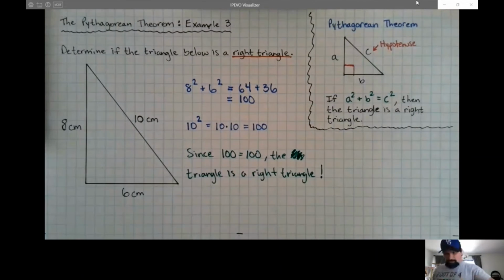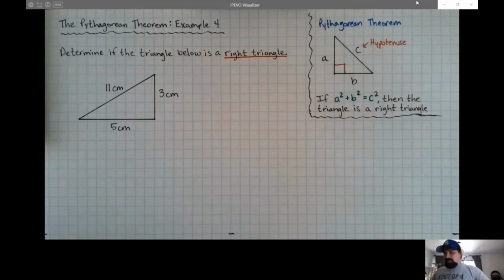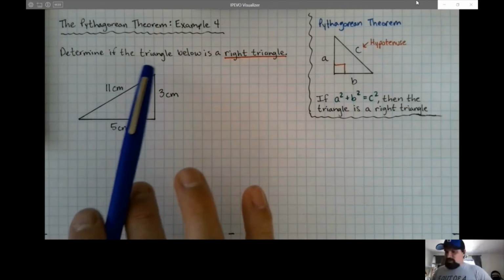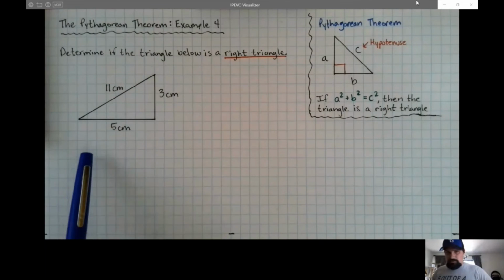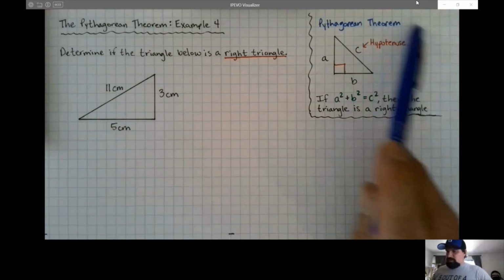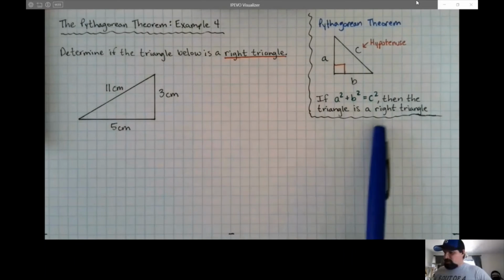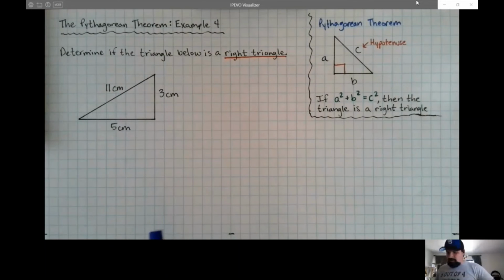And we're done. On our last example, example 4, we're once again going to determine if the triangle below is a right triangle. We've got the Pythagorean theorem over here for reference again. Just like the last example, we're going to check and see if a squared plus b squared equals c squared.